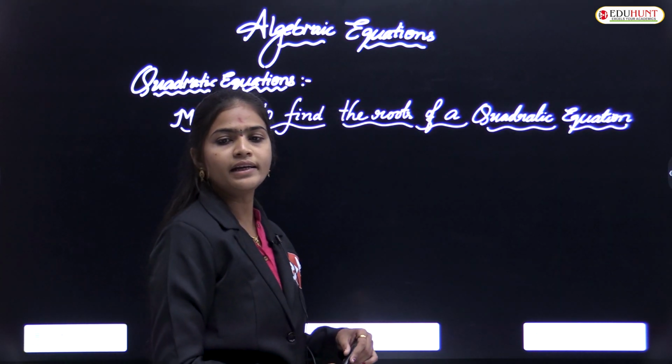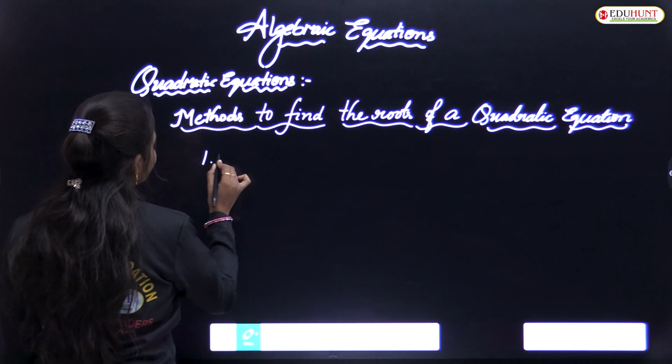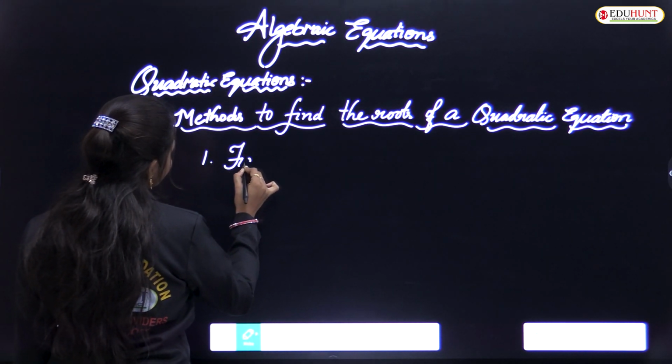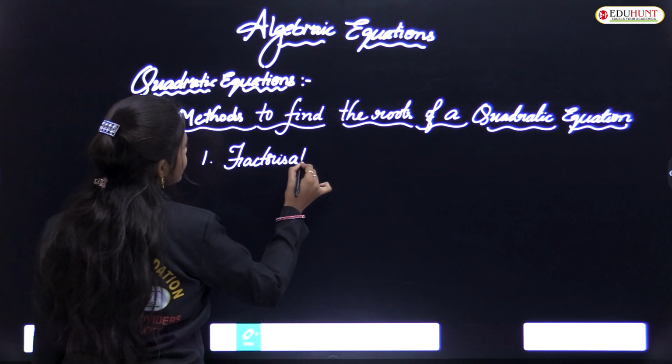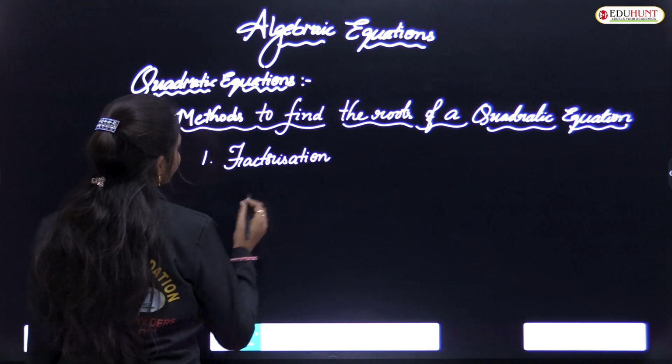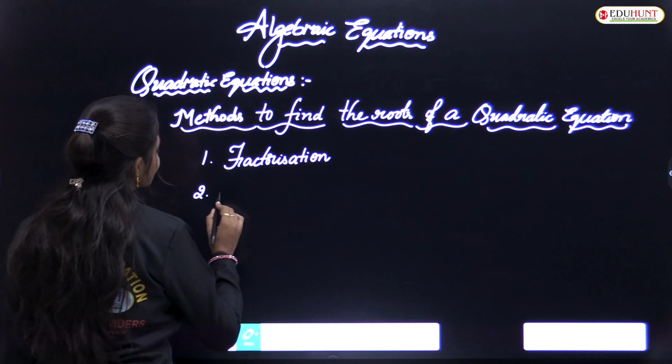The first method is the factorization method. Next one is the solution by completing a square method.